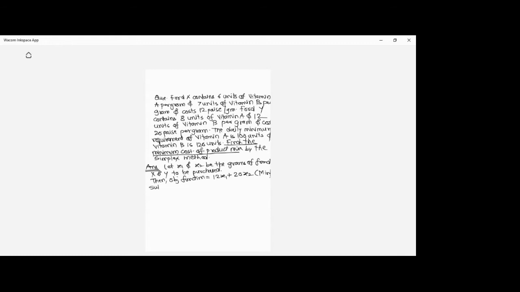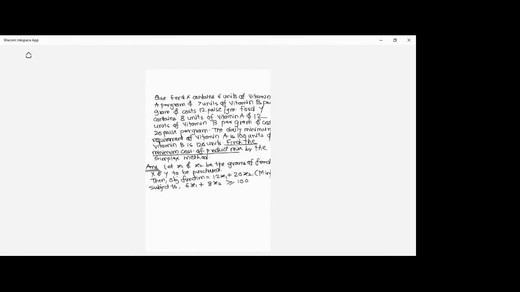And subject to, so what are the constraints? The constraints are related to the daily minimum requirement of vitamin A and vitamin B. The daily minimum requirement of vitamin A is 100 and the daily requirement of vitamin B is 120. So we can write 6x1 plus 8x2, and the minimum requirement is 100 units, so it should be greater than or equal to 100, right?